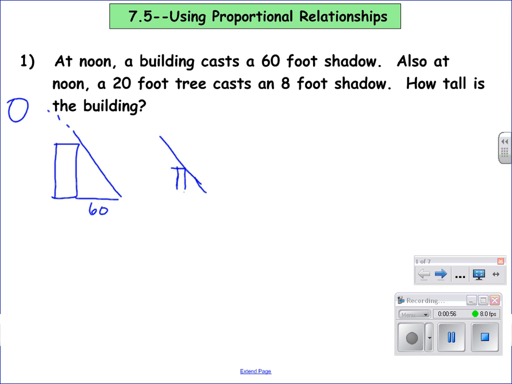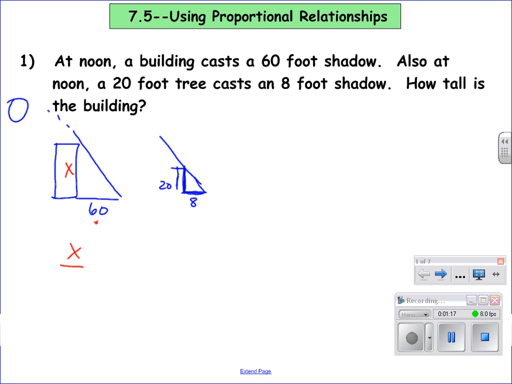In this picture, this guy is 8. Okay? So the 20-foot tree, so I got 20 and 8 over here, and I just match that to the height of the building and 60. Okay, so my proportion is pretty much set up for my picture.